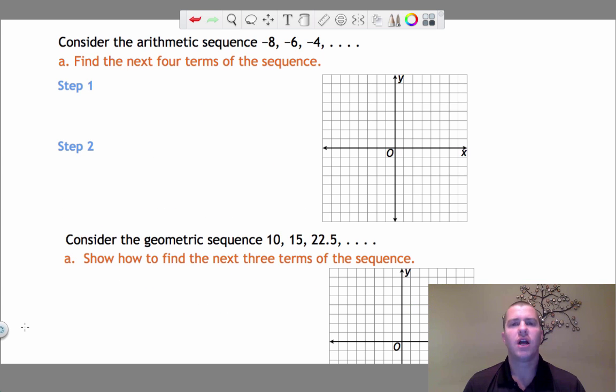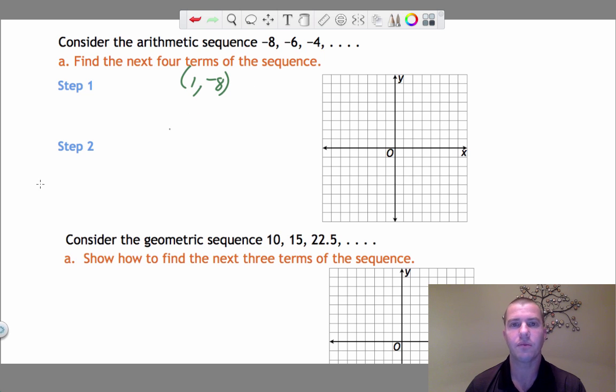One thing I want you to understand and recognize is what happens when you graph an arithmetic sequence. Basically all it is is plotting points. The x is the term number in the sequence and the y value is the term. The first term is negative 8, so I have the point (1, -8).